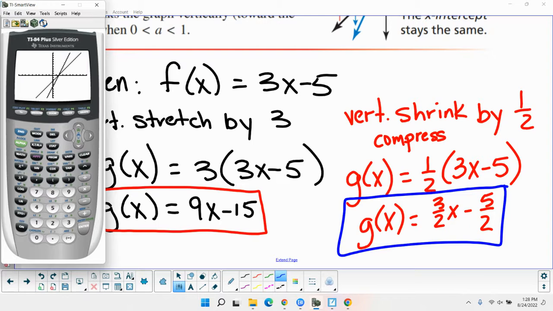It kind of shrunk it towards the x-axis. If it stretched it, it would have taken it up this way more, closer to the y-axis. Okay, if I put the 9x minus 15 in there also, there's the vertical stretch by 3. Original, shrinking it by a half, stretching it by 3. Okay. Steeper. Okay.